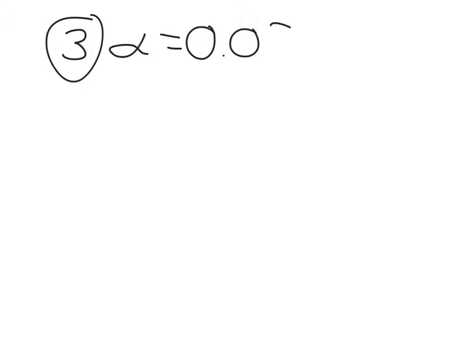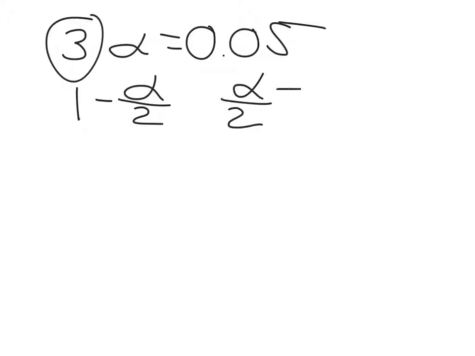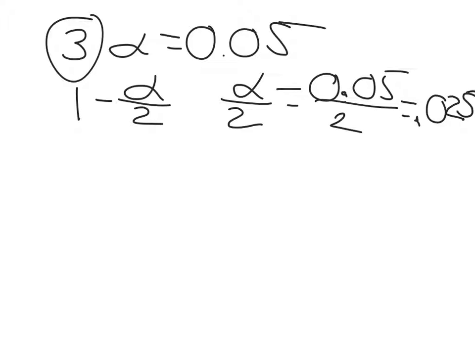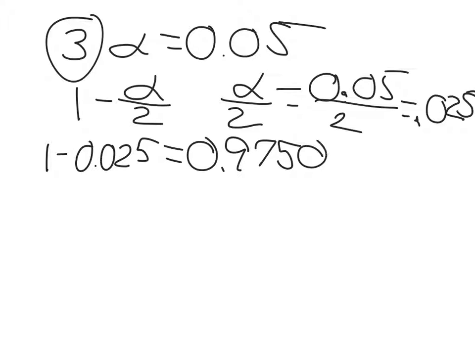All right. So let's think about step 3. We know now that alpha is equal to 0.05. We know since this is a not equals, we need to get 1 minus alpha over 2. So we get alpha over 2 first. That's going to be 0.05 over 2, or 0.025. So 1 minus 0.025 is 0.9750.